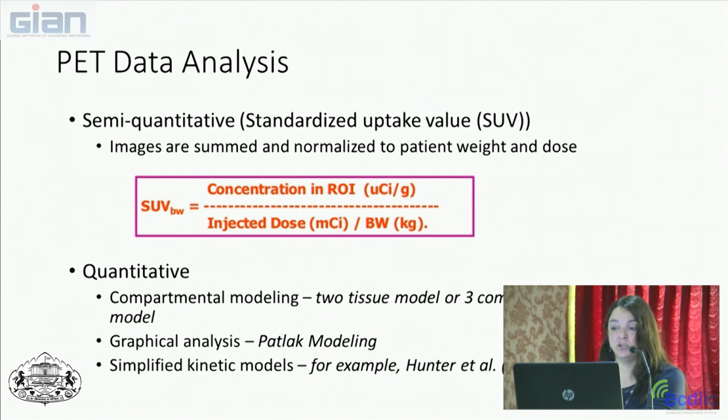You can do a 2-tissue or a 3-tissue compartment model. To simplify this type of modeling, people have come up with other methods. They have come up with graphical analyses, and there's a technique called Patlak modeling that uses this, and they've also come up with more simplified kinetic models.